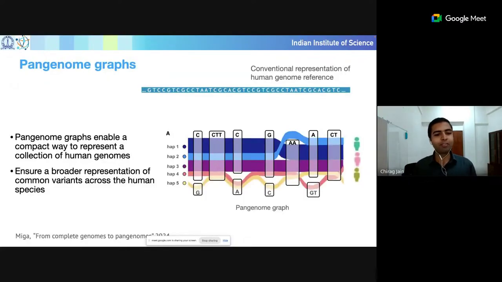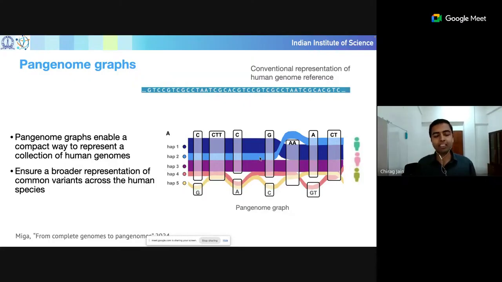I think all of you have seen the overview of pangenome graphs already, but just for completeness, let me remind you that the graph-based representation of pangenomes is one of the compact ways to represent a large collection of human genomes. This representation is made possible because of recent advances in genome assembly, the ability to get complete haplotype-resolved genomes. These graph-based representations also allow us to capture the variation in human populations. As a result, it addresses the limitations of the conventional reference that we were using, which was a string-based data structure.